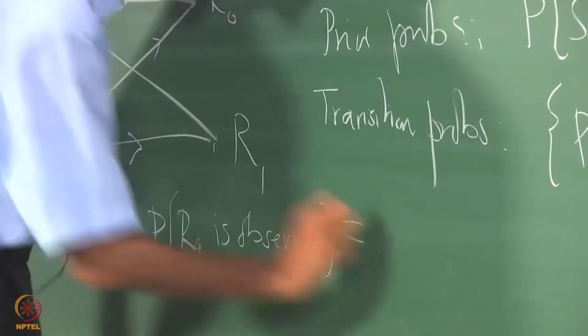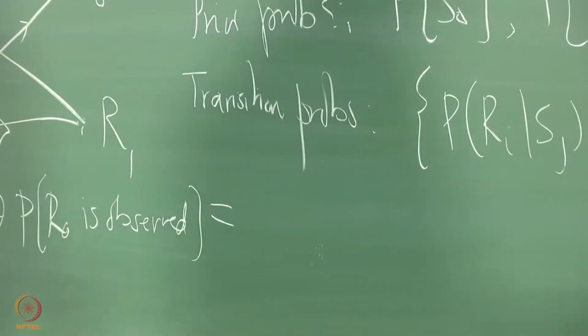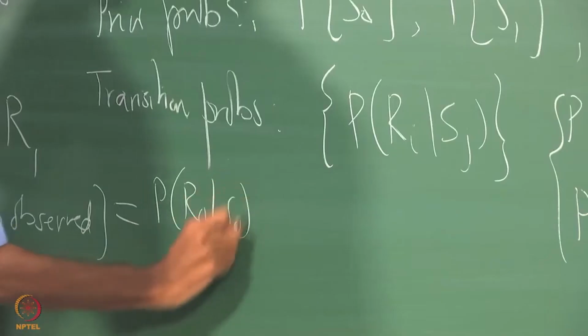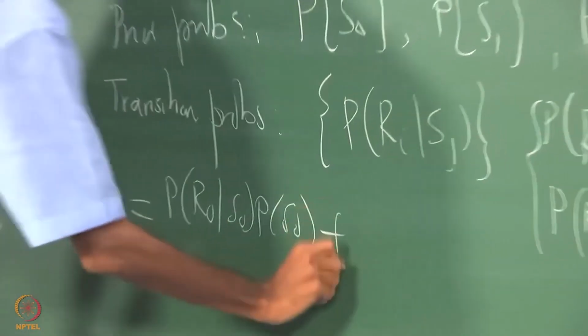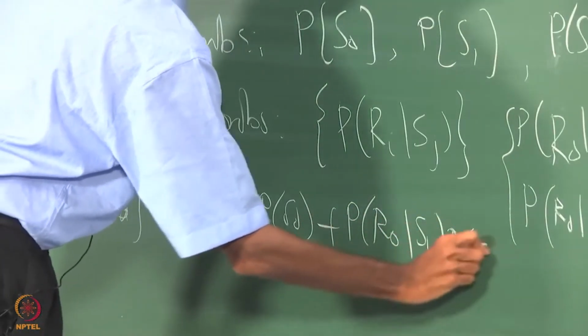Using total probability, you condition on S0 and S1: P of R0 given S0 times P of S0, plus P of R0 given S1 times P of S1.